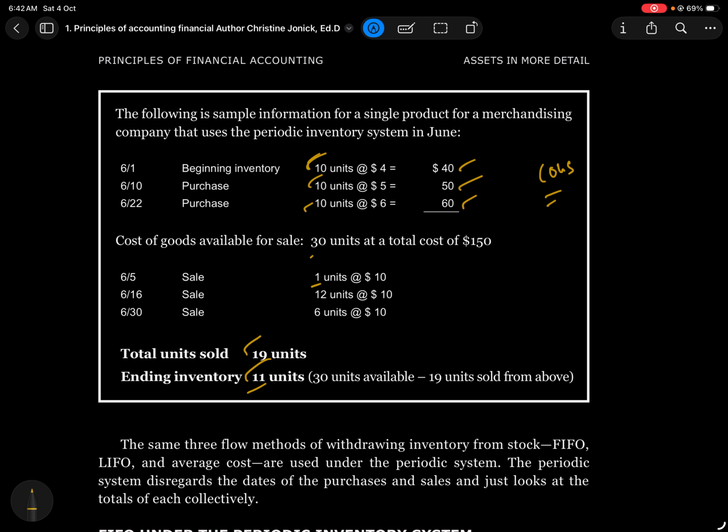So when we sell 1 unit, we take it out from this particular unit, right? Beginning inventory was 10, right? What's remaining over here? 9 is remaining, right? When we sell 12, we diminish the whole thing and we have 3 remaining over here, right? And when we sell the 6, 3 is gone, 3 is remaining over here.